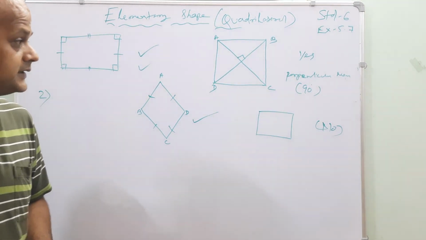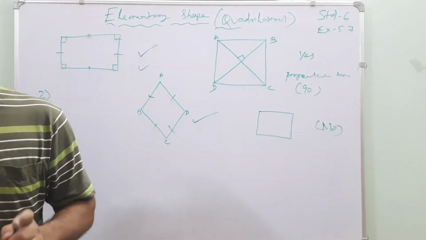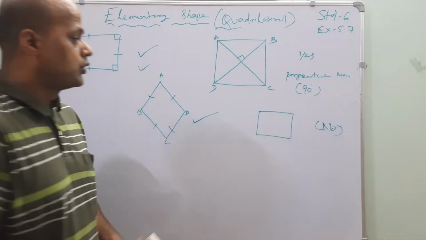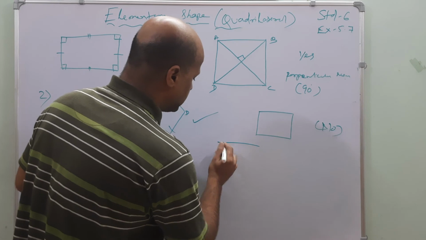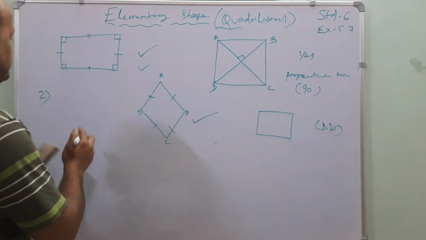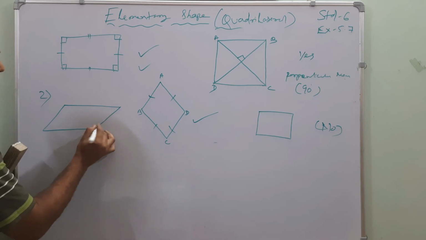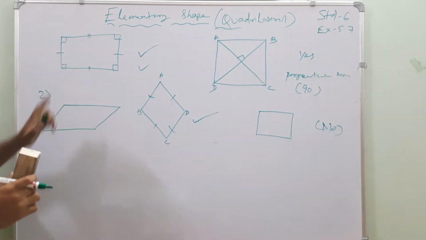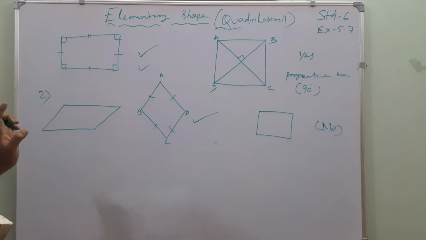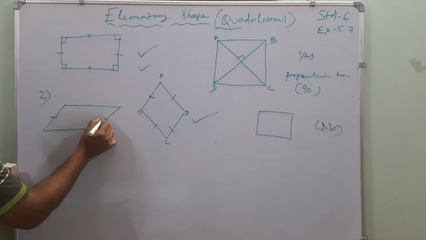And you can say that a rectangle can be thought of as a special parallelogram. What is the parallelogram shape? First, in the rectangle, opposite sides are equal. Yes or no? In a parallelogram also, opposite sides are equal. Yes or no?